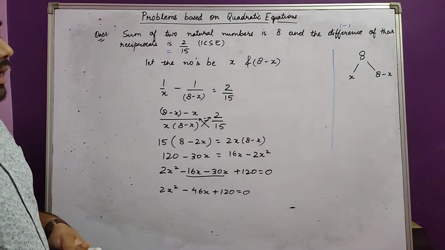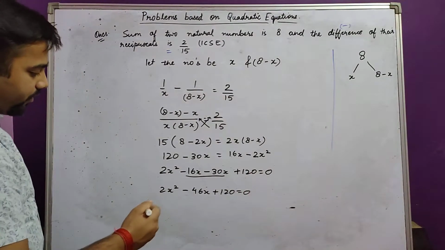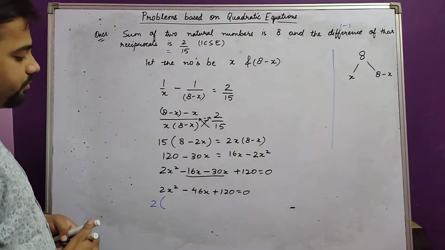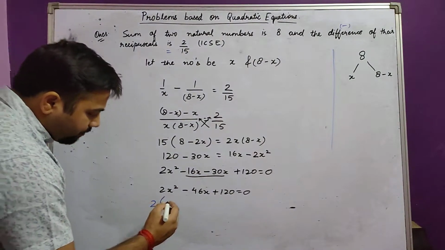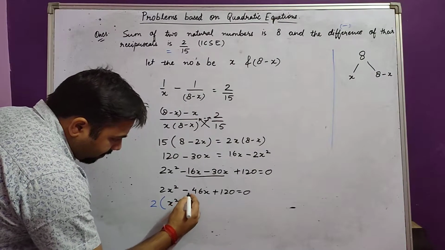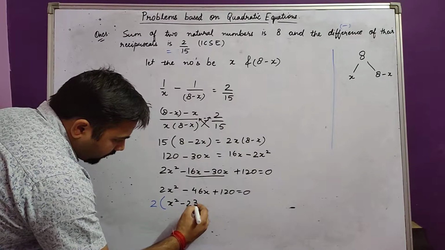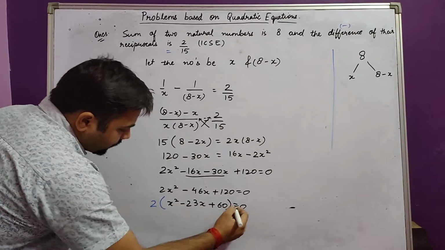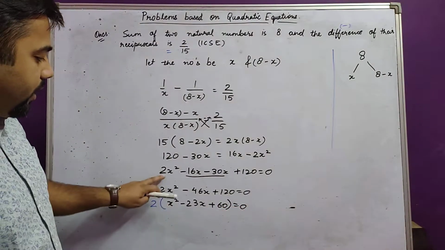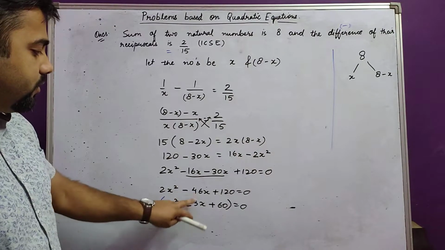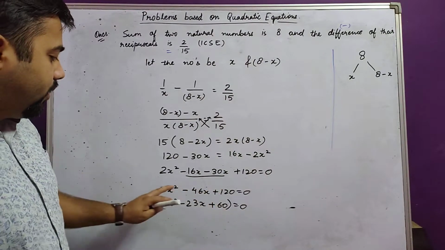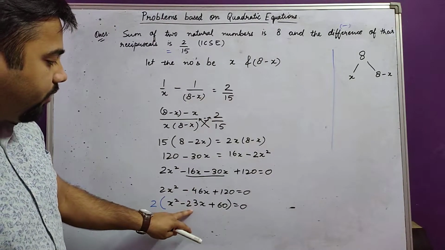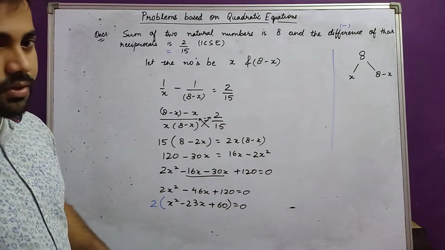After taking 2 as common, let us see what it becomes: x square minus 23x plus 60. We've taken 2 as common, so it becomes 2 within the bracket, x square minus 23x plus 60 is equal to 0.